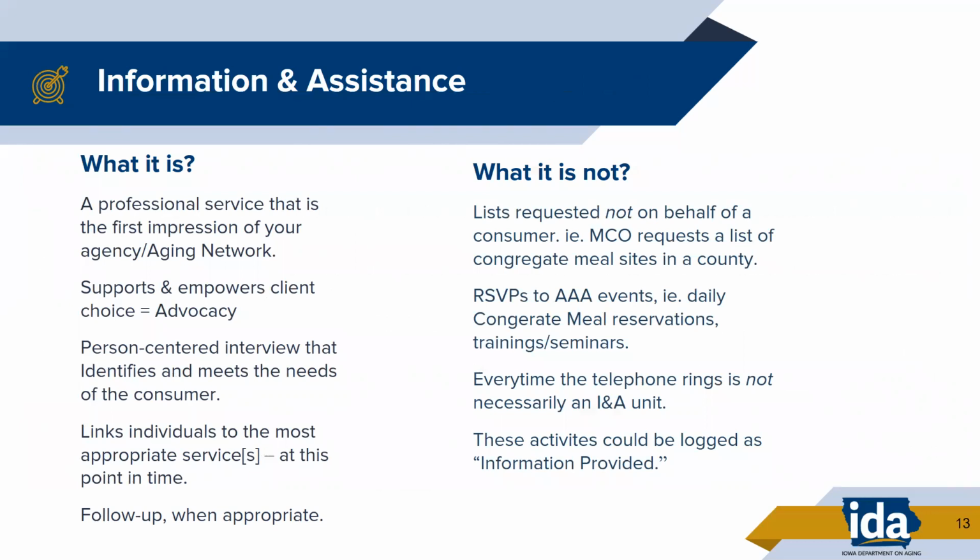It is a person-centered interview that identifies and meets the needs of the consumer, and through that interview links those individuals to the most appropriate services at this point in time. They may have needs further down the line, but this is what we can address right here and now.